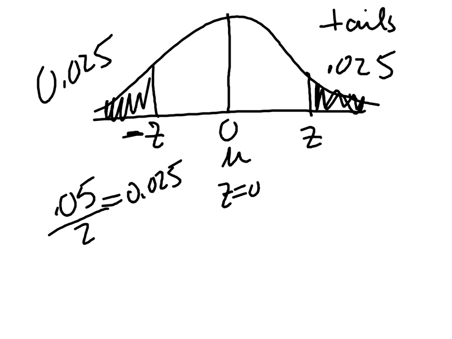It told us to find two z-values, one positive and one negative, that are equidistant from the mean, so that the areas in the two tails add to the following values. And the first one is 5%.